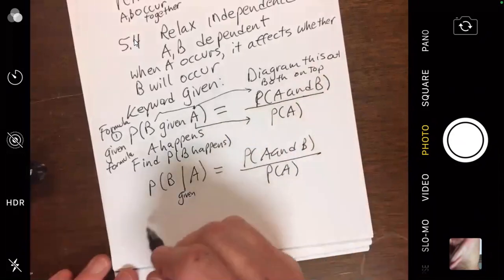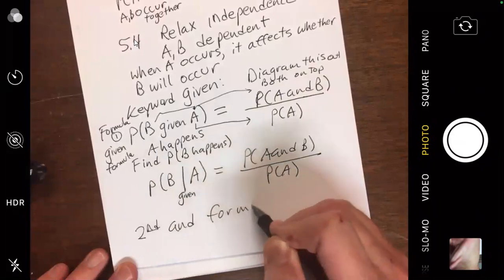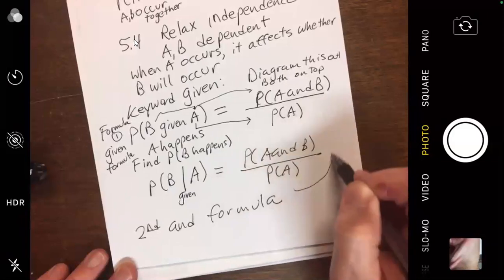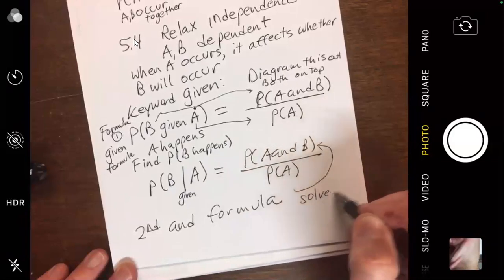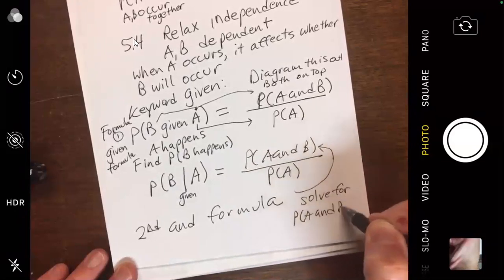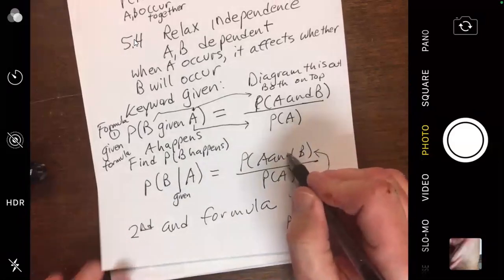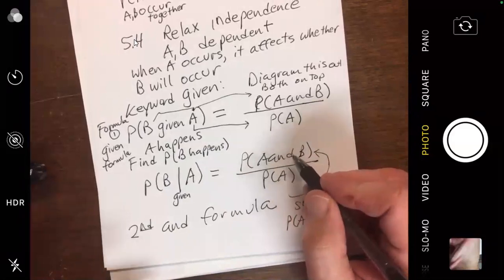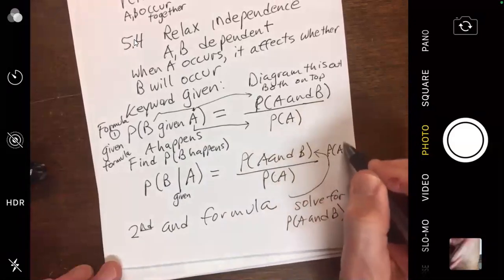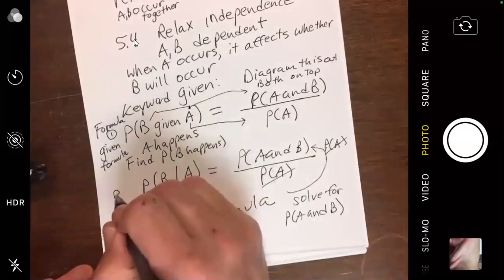All right, but this leads to a second formula. Here, we're going to solve for the probability of A and B. Well, if you're going to solve for this, can you tell what you do to both sides? You're going to clear your fraction, cancel this and this, and that means you have to do it to this side.